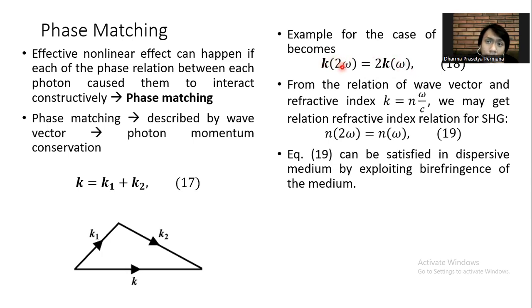So the wave vector of the generated photon will be twice the wave vector of the initial photon in the case of phase matching in second harmonic generation.